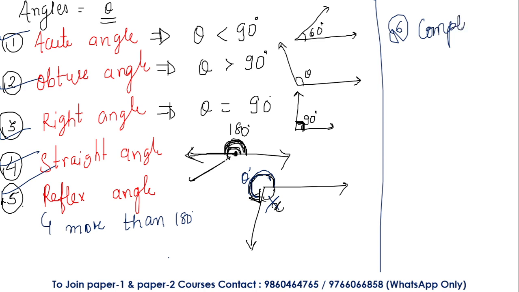The complete angle is simple. For example, this is a point. The other hand is also going to come here only.